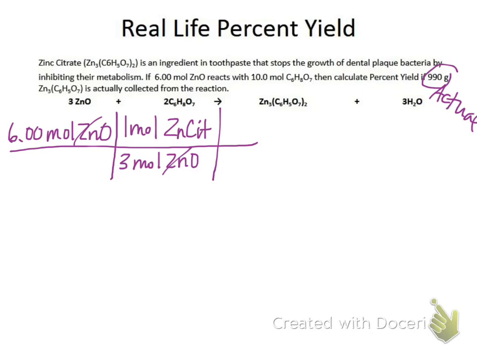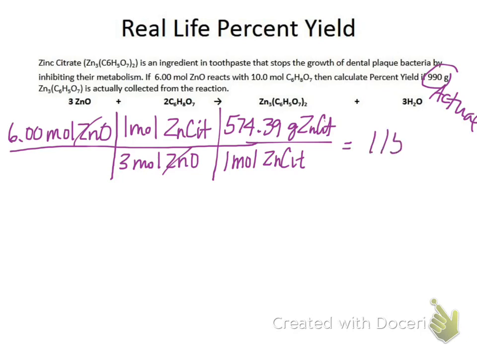So I need the molar mass. I will not make you calculate that. I will give it to you. It's rather large. It is 574.39. Okay? So when I do my handy-dandy calculator, I get 1150 grams of zinc citrate, but I do not know if that's my answer yet, do I?